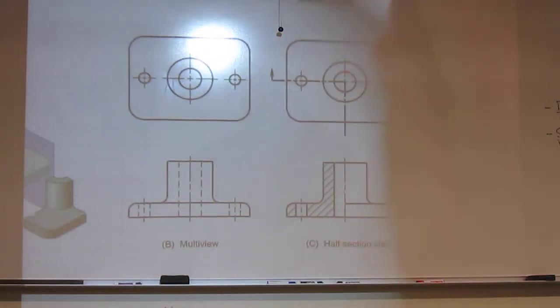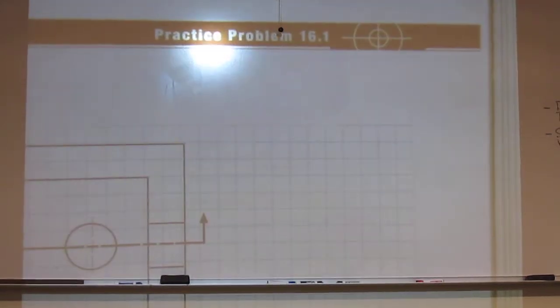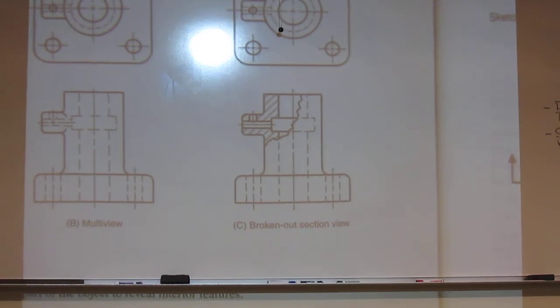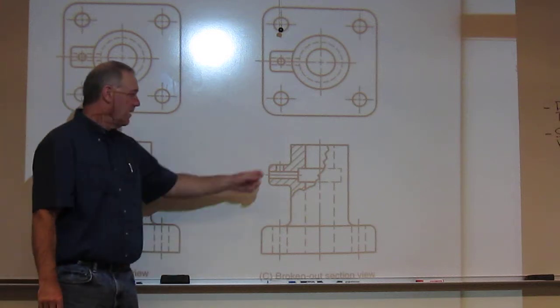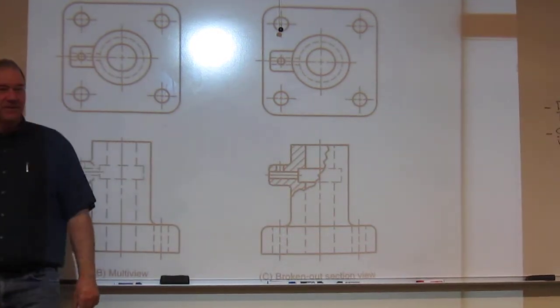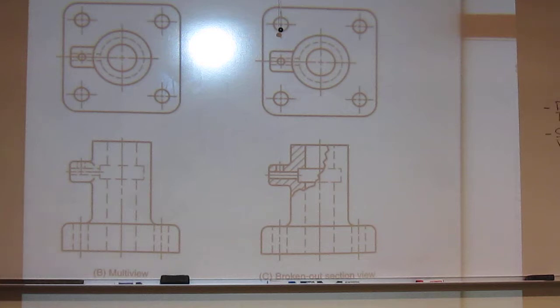After that, we came to the broken out section. The one section that does not get our cutting plane line. This is like we reach in, rip a piece off, use a short break line. The section view occurs on the view we just defined as our section also.